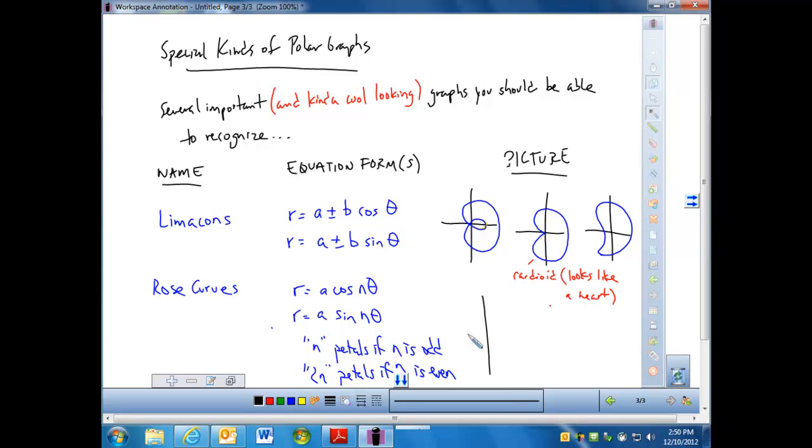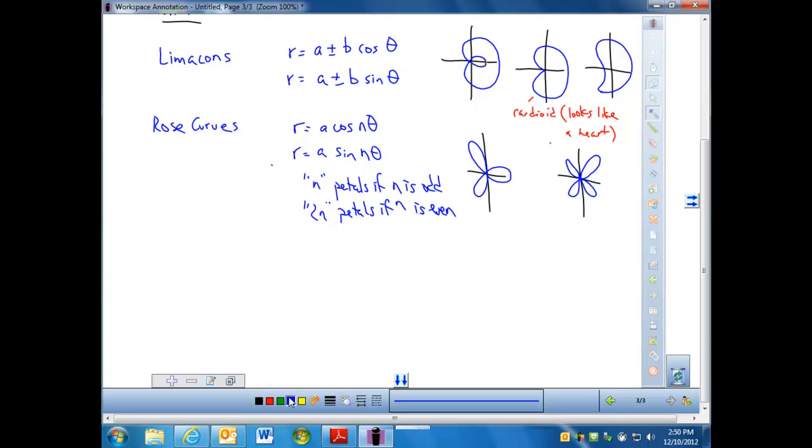If it's an odd number, then you'll have just that number of petals. And the petals look something like this. So there's an odd number of petals. Some people think it looks like propellers from a plane. But that's the idea. So those are rose curves.